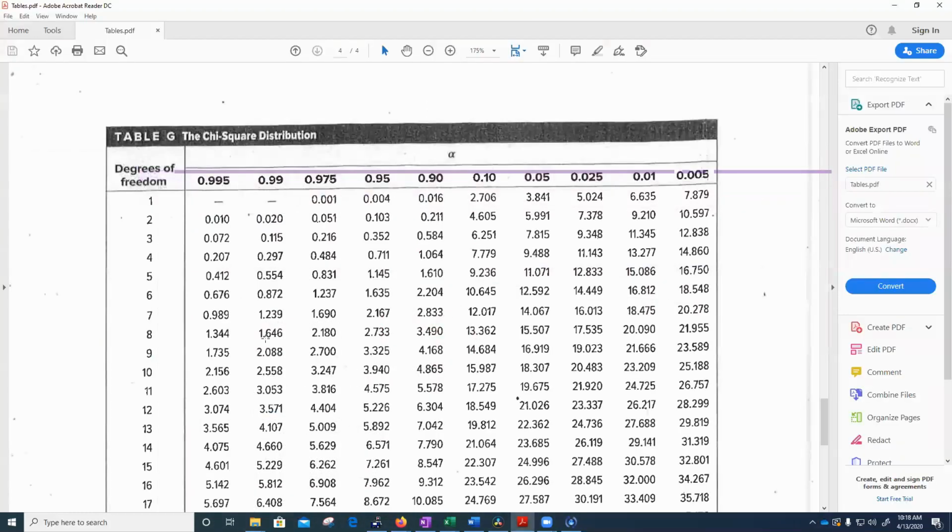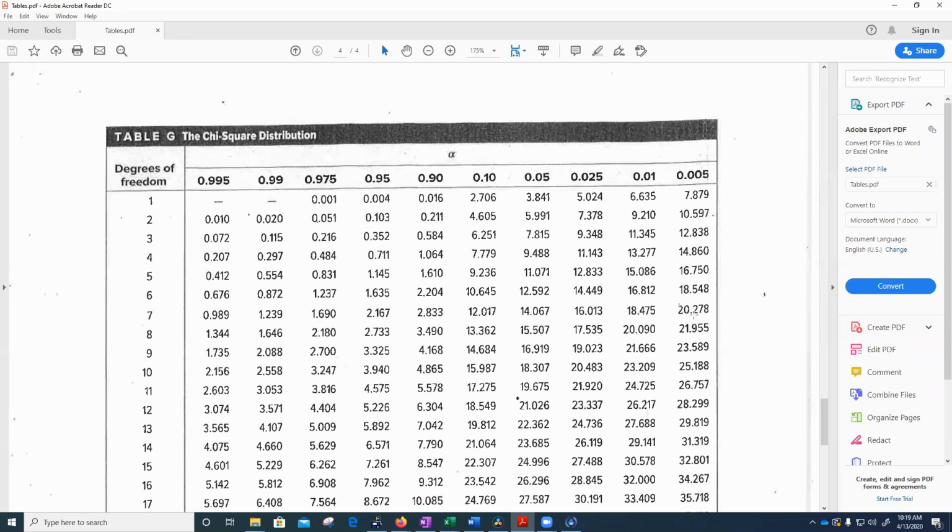Degrees of freedom 7 is here. I'm looking for 19.274 in the row with degrees of freedom 7. No, I don't see it; you don't see that value. But 19.274 is somewhere between 18.475 and 20.278.